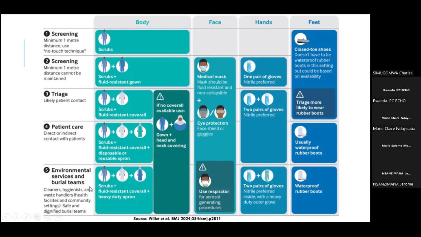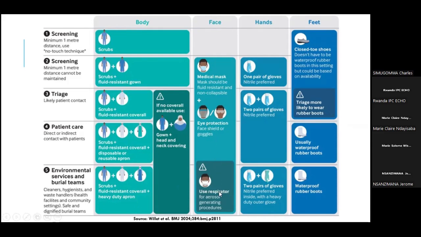So environmental services and burial, it is the same. We put on the scrub, we put on the boots, of course, and then we put on coverall and heavy duty apron. So you are going to see that the variations are slight, but they are so key. So here we add heavy duty apron, and then we have to put on a mask and eye protection.